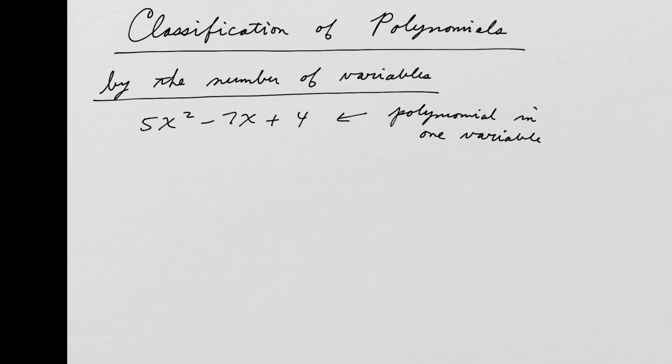Let's say I had something a little different. I'll do actually 3x cubed y squared minus 2x squared y plus x plus 9. So this is a polynomial, but in this case, since the polynomial contains both x's and y's, this would be a polynomial in two variables.